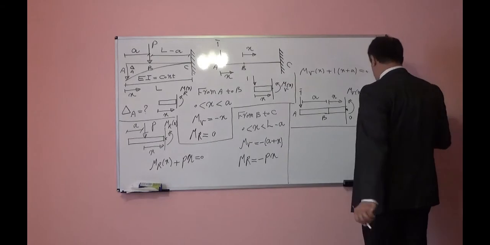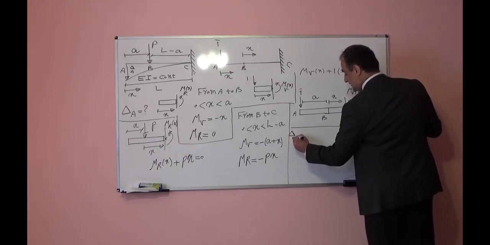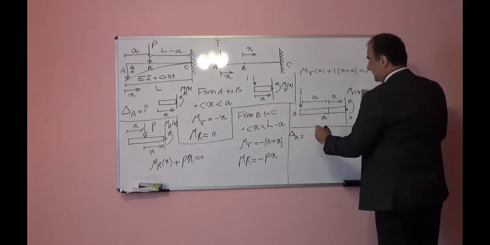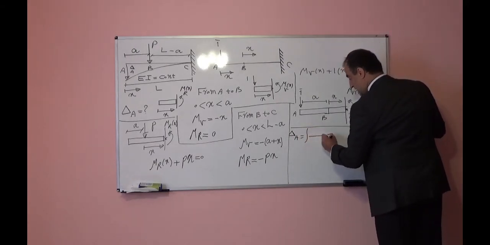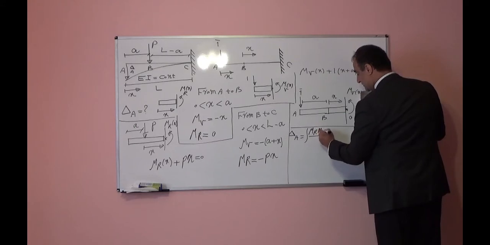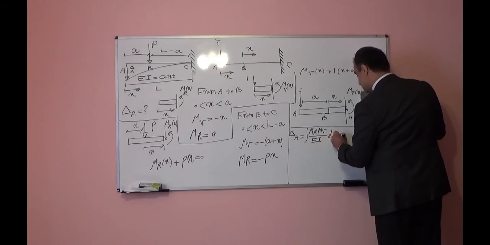Now I want to find delta A. Delta A will be equal to, this is the formula I proved last session, moment because of real load times moment because of virtual load divided by EI times dx.